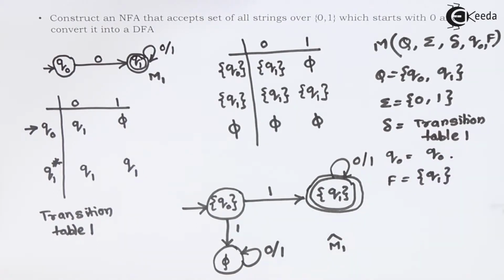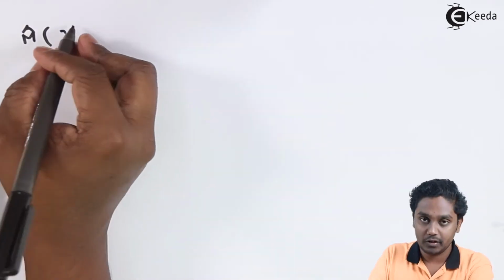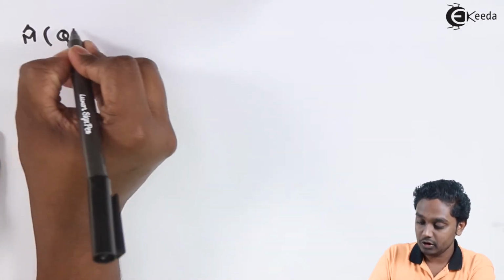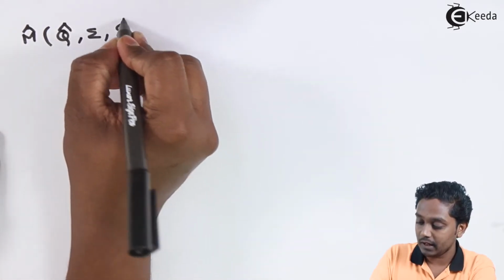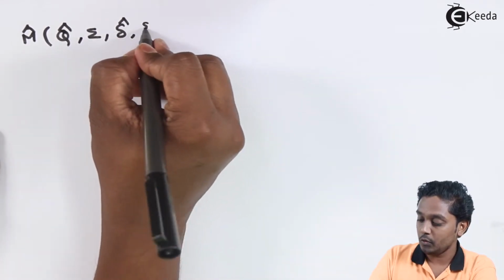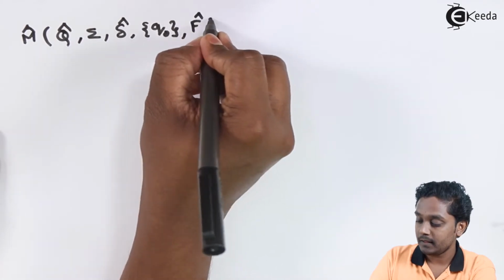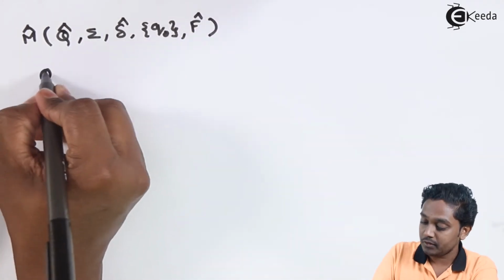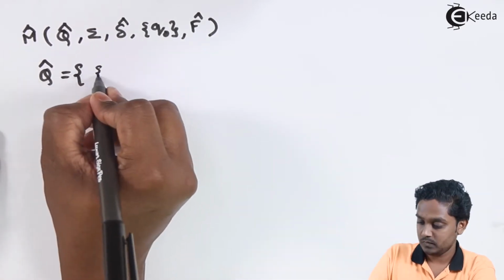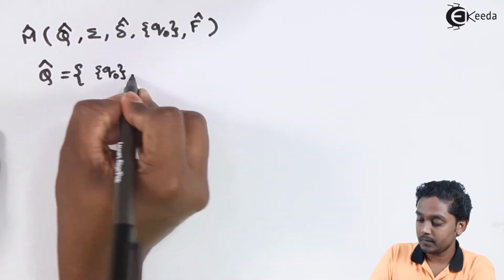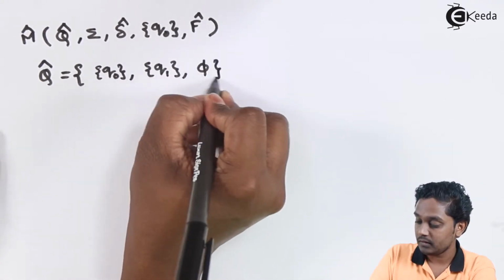Let us see the definition of our DFA. Let us see our machine M cap. Let us say M cap contains Q cap, sigma, delta cap, Q naught and F cap. Let us see these components. We will see that Q cap has the components Q0, Q1 and the dead state.